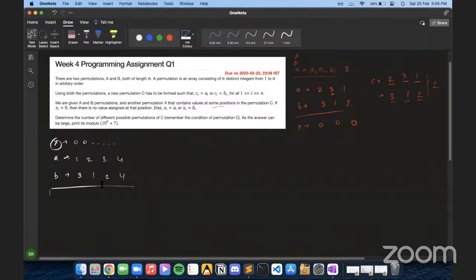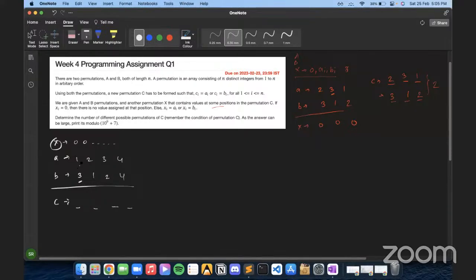Now, suppose that we have chosen the first element of array C. For the array C, we have chosen the first element as the first element of array A, that is 1. So if we have chosen the first element of array A, we cannot choose the first element of array B for the first position, right?